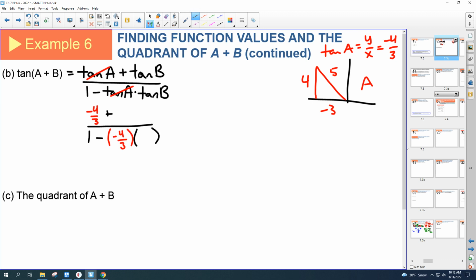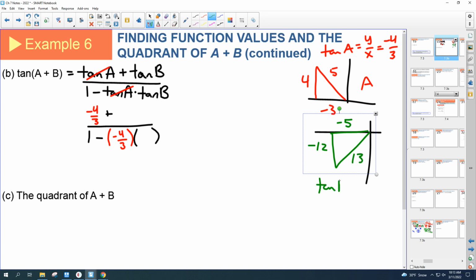times something, okay? Well, let's do the same thing for angle B. Angle B, remember, was in the third quadrant. And that was a negative 12, and that was a negative 5, I believe, and that was a 13. And so kind of same thing, we needed to find the tangent of angle B. This was angle B, right?